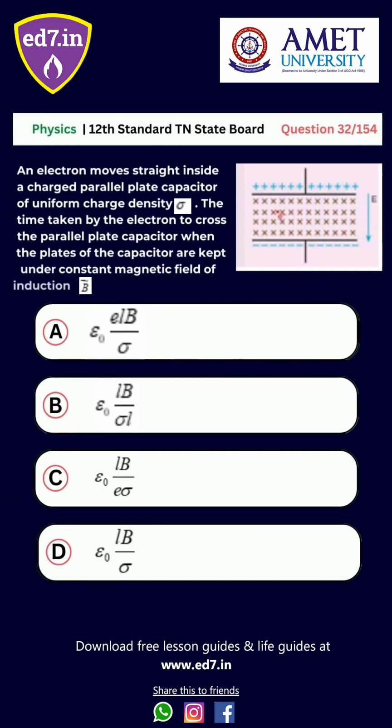Question number 32. An electron moves in a straight line inside a charged parallel plate capacitor of uniform charge density sigma.